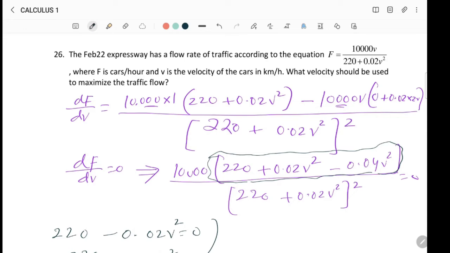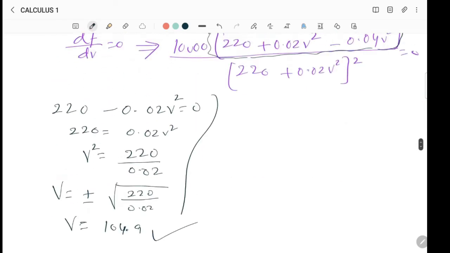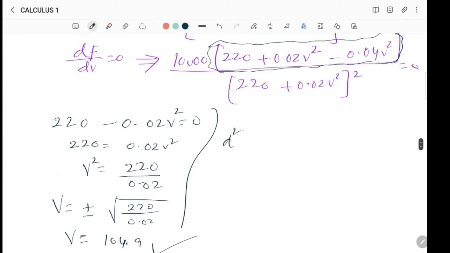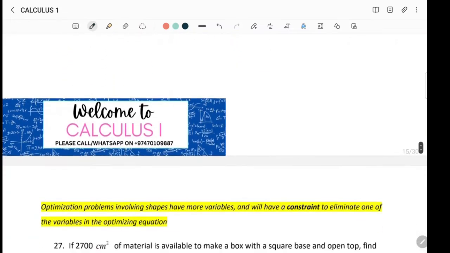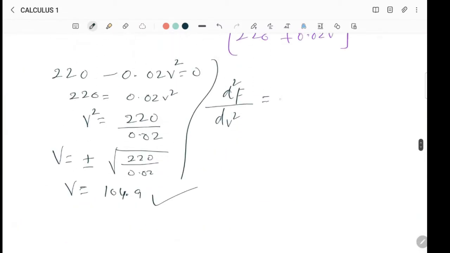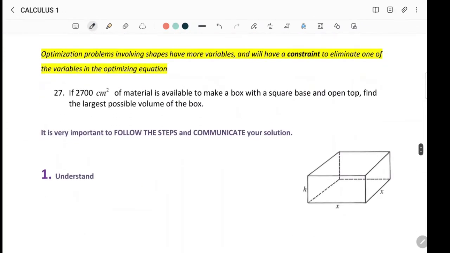Now what velocity should we use? This velocity. But I have not used d2f over dv square, again, it's a tedious task. I'm just teaching you how to do that. This part we have to differentiate again, and if you differentiate, then you will get some negative number which is less than 0. So it means yes, at this point it will be maximum.